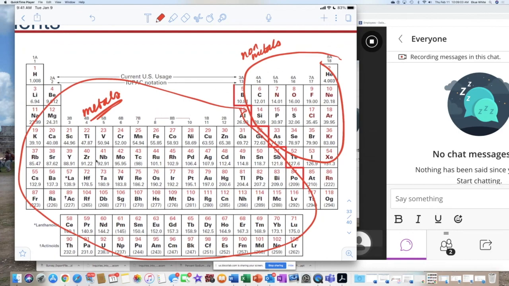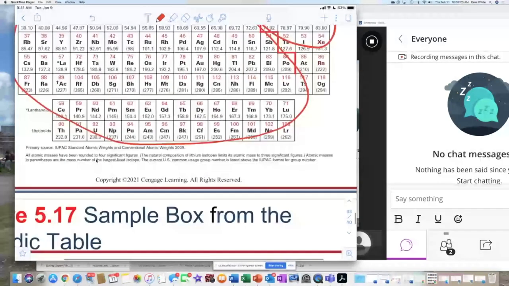But because we have living things, and living things are made up of carbon, we call them organic, even though we have fewer types of nonmetals, we have more abundant nonmetals compared to metals, okay, because of living things. So just in case you're wondering.